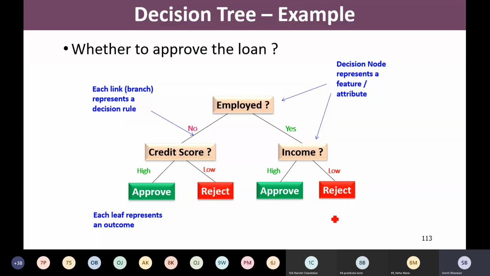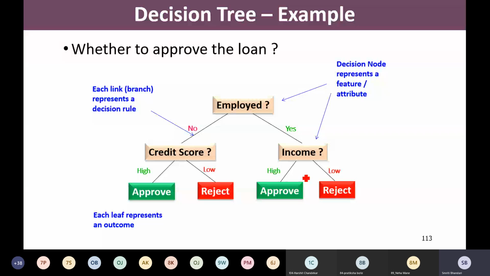Right? So this is a simple example demonstrating how we take the decision. And we are talking about the decision tree as a classifier. If my leaves represent the class label, then this decision tree is a classifier.